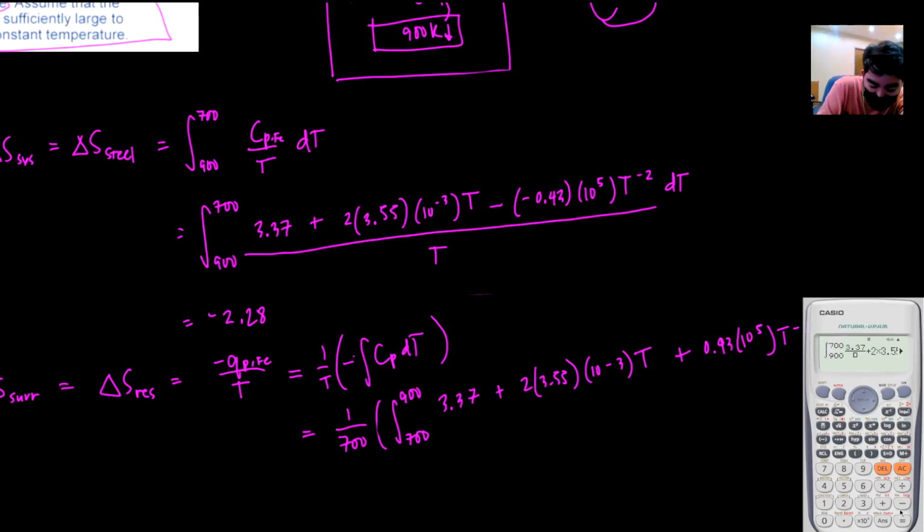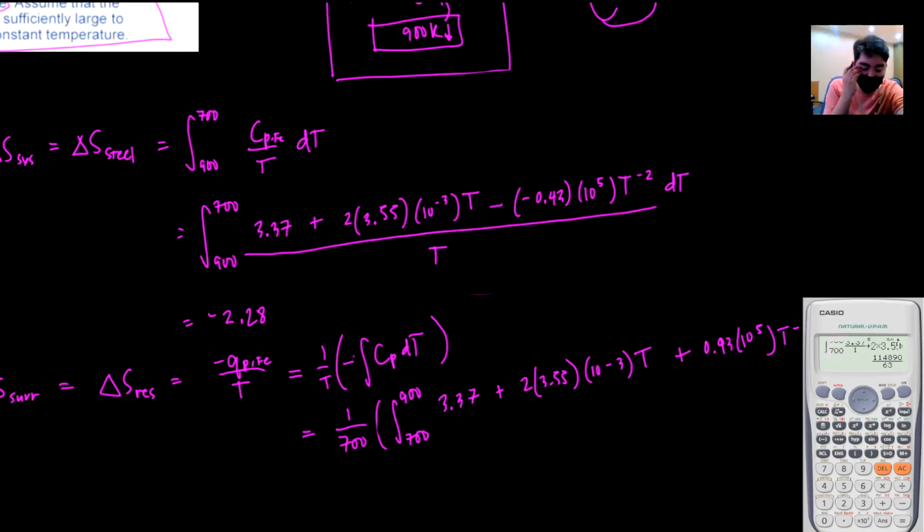Delete ko lang to. Gawin natin over 1. So, ito, lagyan natin ng times T. So, if you're using a calculator, you can actually do this trick. Tapos ito, instead of over T cubed, dapat squared lang siya. And let's change the limits of integration, 700 to 900.